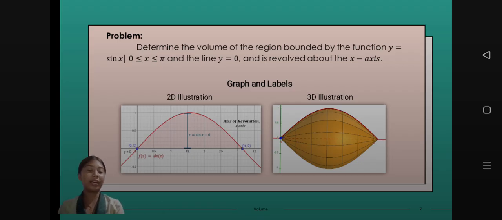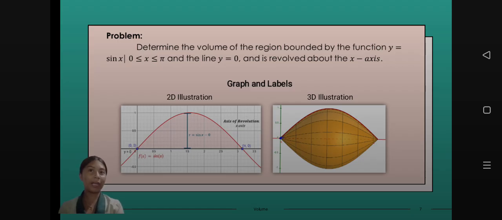V is equal to the integral wherein the lower limit is a and the upper limit is b of A(x) dx, which is equal to the integral wherein the lower limit is 0 and the upper limit is pi of pi sine squared x dx, wherein we need to substitute the value of A(x) to the formula.